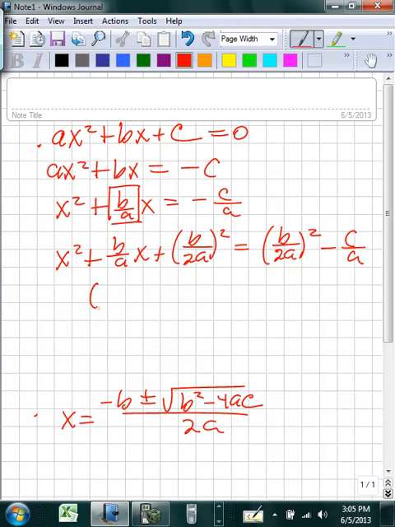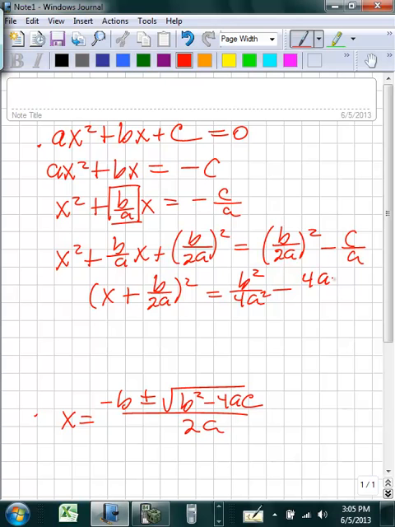Now on the left-hand side we have x plus b over 2a squared, and on the right-hand side we have b squared over 4a squared minus, and then to get a common denominator for the second fraction here, we'll multiply by 4a.